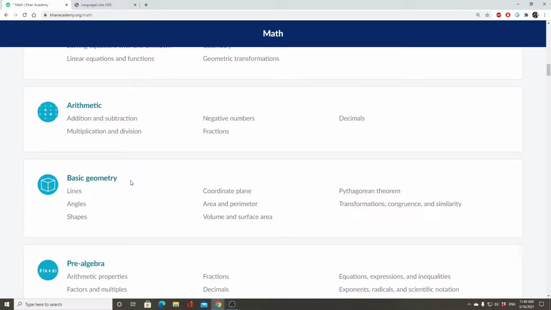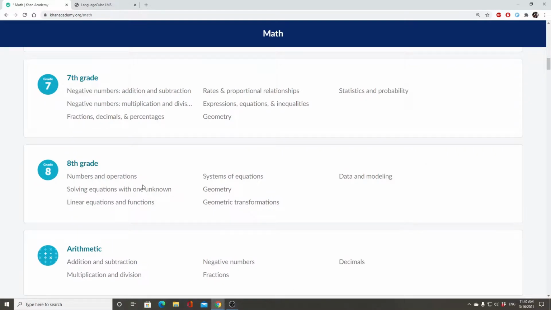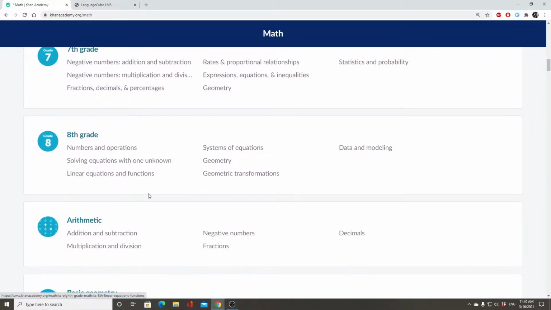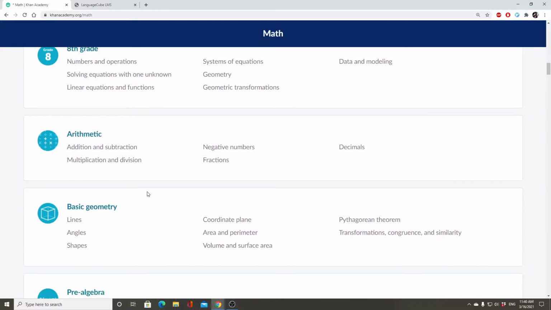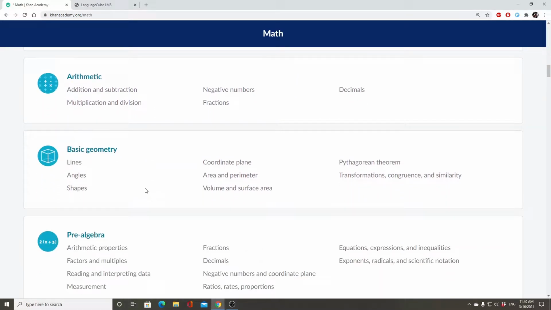So I'm actually using these broader categories to study, which is interesting. It's maybe not as structured as it would be if I was taking one of the graded courses, but it's kind of interesting. So here we are. This is where I am, basic geometry.